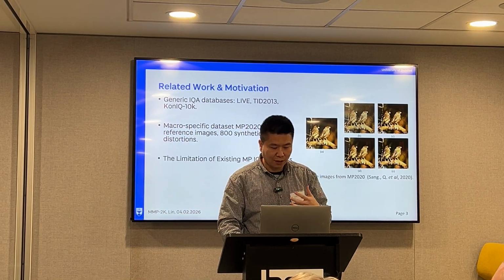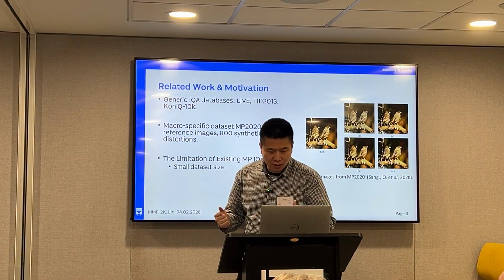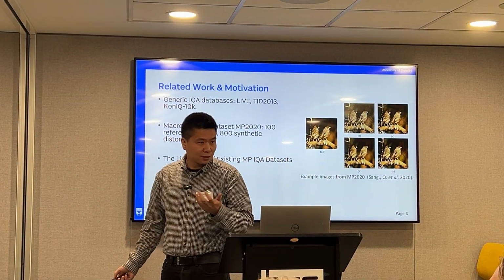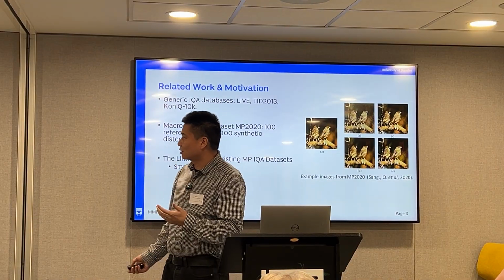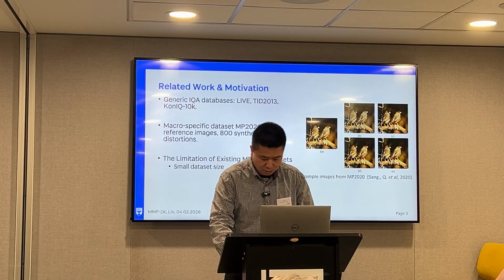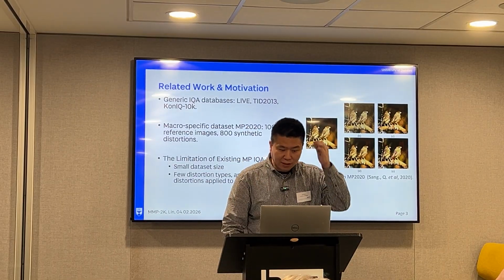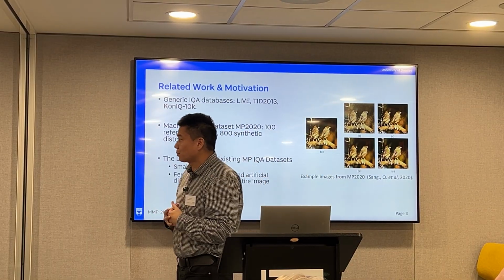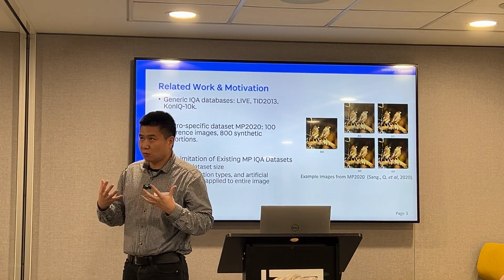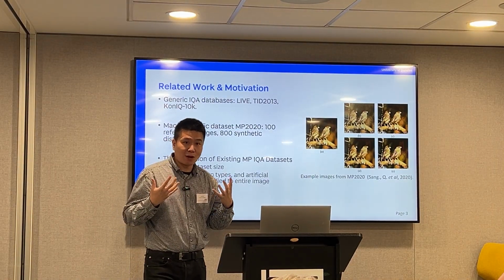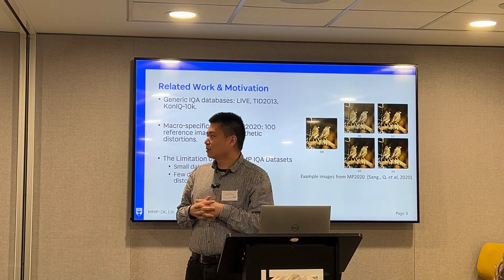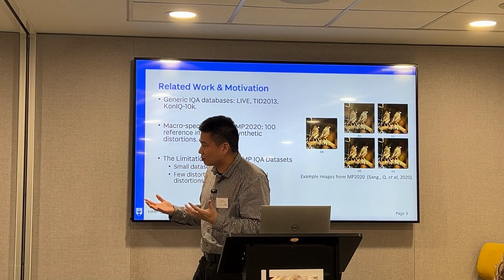What we feel are the limitations is, first, it is a very small dataset with limited content. Another is that there are few distortion types. Artificial distortion is useful, for example for compression, but if we are working in the wild, sometimes this is not enough.